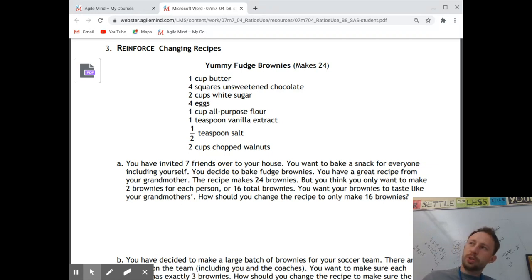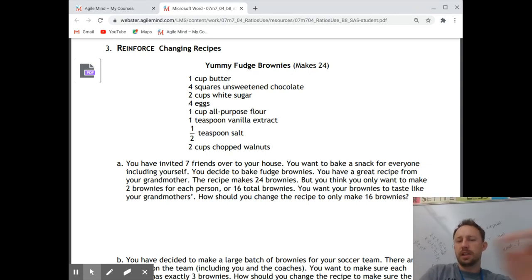I want you to think back to when we worked on the cathedral and we had to find the missing height. What did we have to do to determine that missing height? We found the scale factor, didn't we? So what could we do here to find a scale factor that would help us change this to where we would get the correct answer?